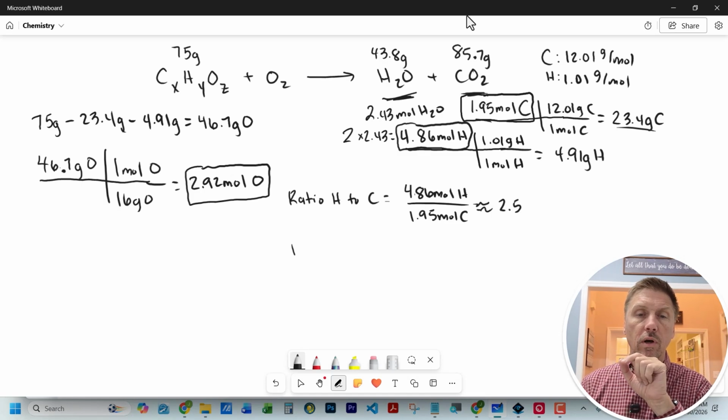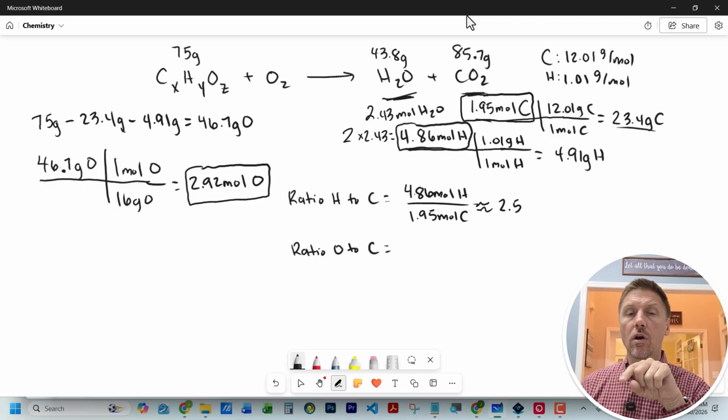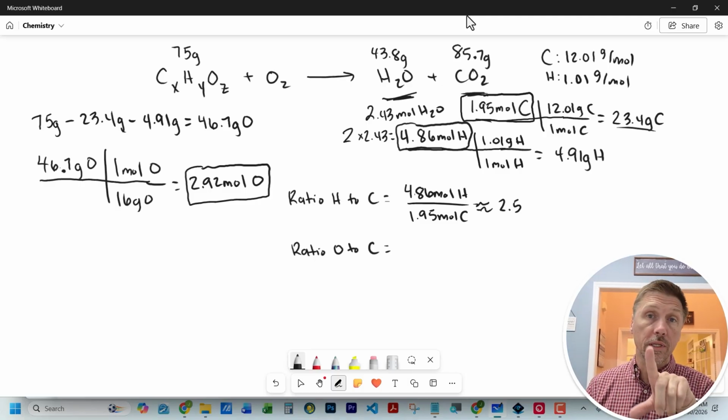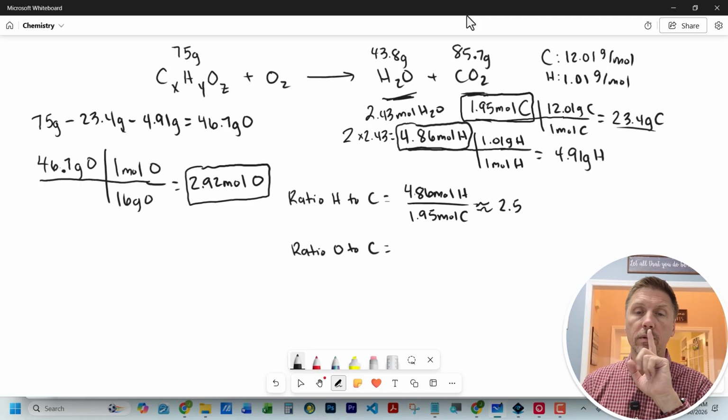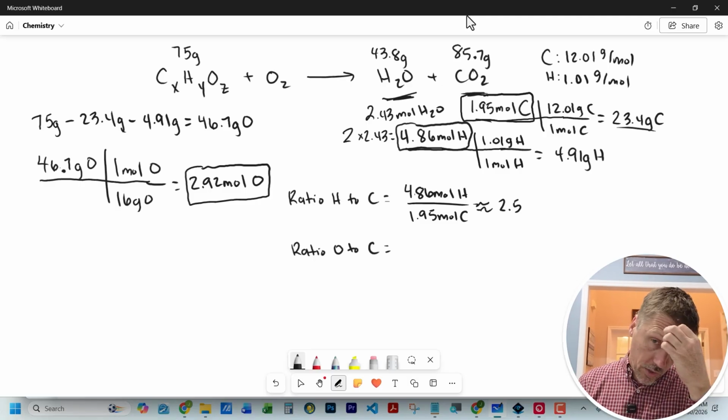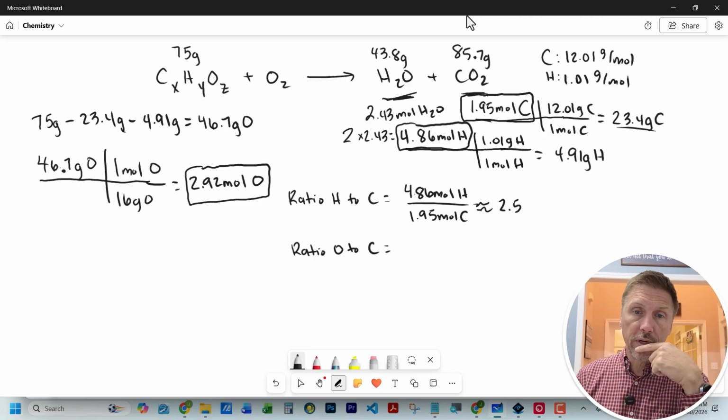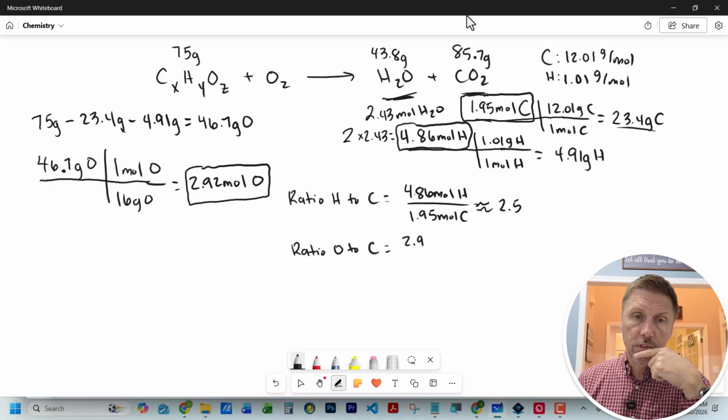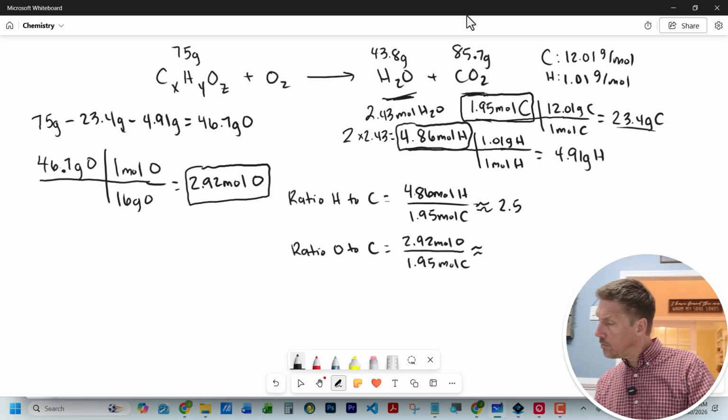Now let's do the ratio of the oxygen to the carbon. So O to C. And again, we're doing oxygen to carbon and hydrogen to carbon because carbon is the smallest number, and that always has to be on the bottom of our fraction. So we're going to do 2.92, which is our moles of oxygen, divided by 1.95, again, the moles of carbon. And that's going to give us a value of 1.5.